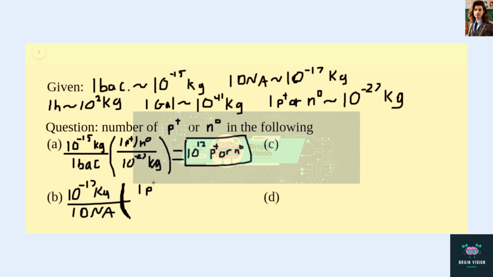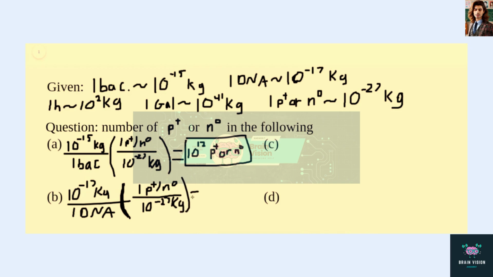In one proton or neutron, there is 10 to the minus 27 kilograms, same as before.